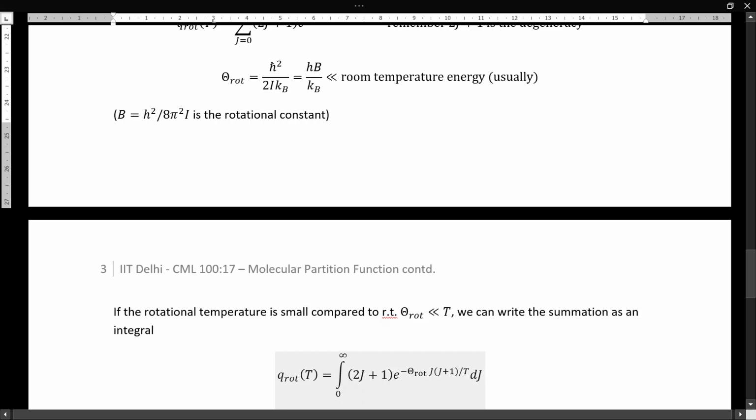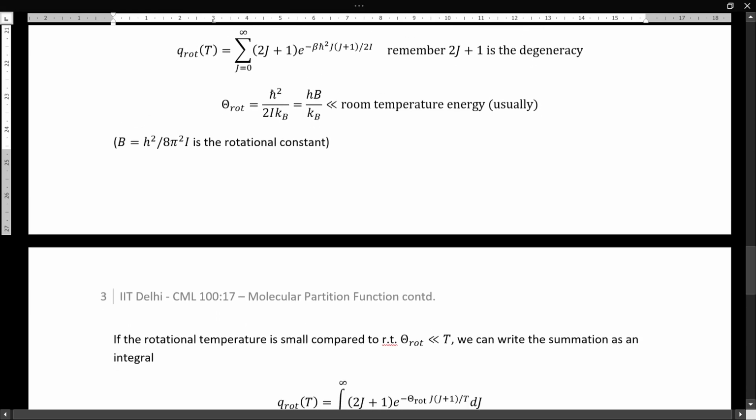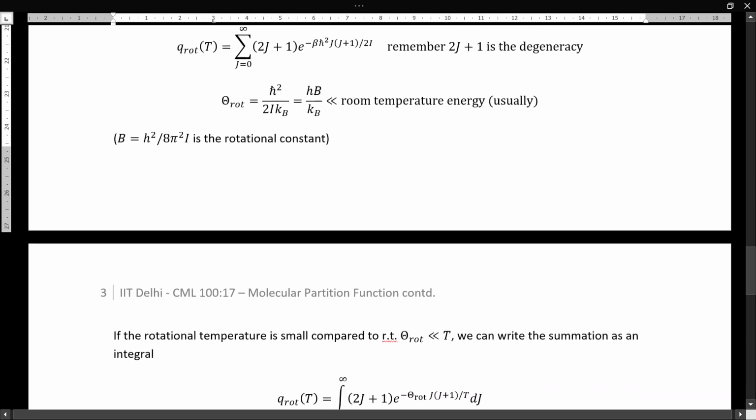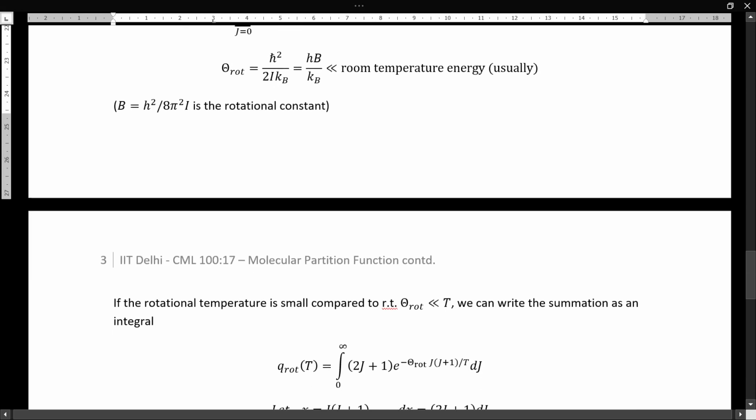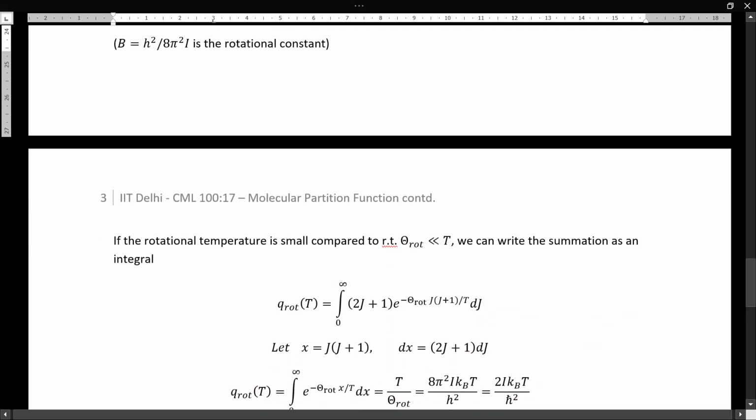rotational partition function. So instead of writing a sum, I could write an integral. Although this is an approximation, I can do it if these are very closely spaced energy levels; then I can just integrate. And this integral is very straightforward.